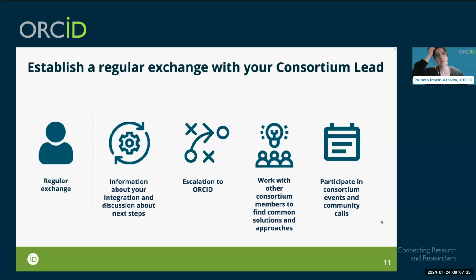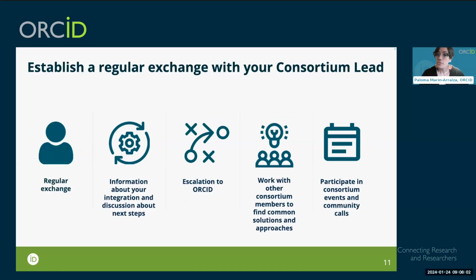Know that you can always establish a regular exchange with your consortium lead. And basically what this is going to be is some regular exchanges with your consortium lead via calls or emails. In these interactions, you can always share information about your integration and discuss with your consortium lead about next steps.